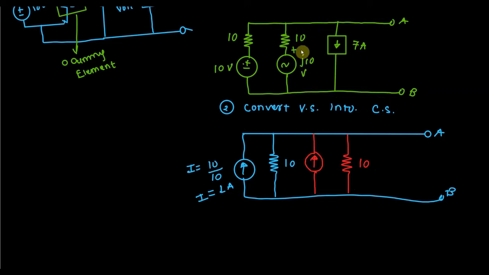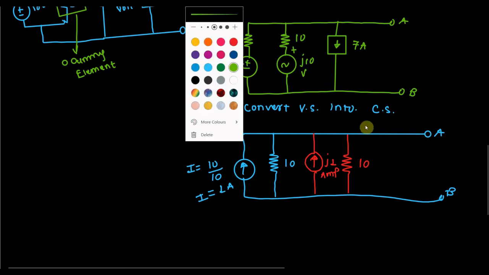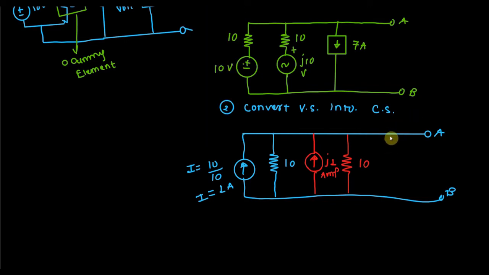It is J10 by 10. So the answer is J1 ampere. Fine. So this will be J1. And this source, the last one, will be as it is, like this.